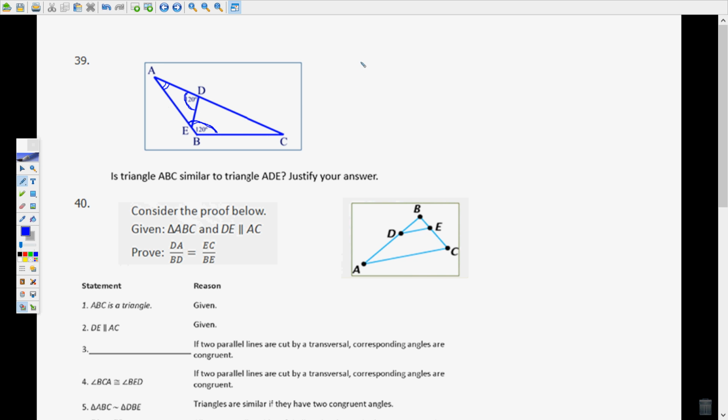Therefore, by the angle-angle similarity postulate, we have similar triangles. So yes, they are similar because angle A is congruent to angle A, and angle ADE is congruent to angle ABC, and they are both equal to 120 degrees.